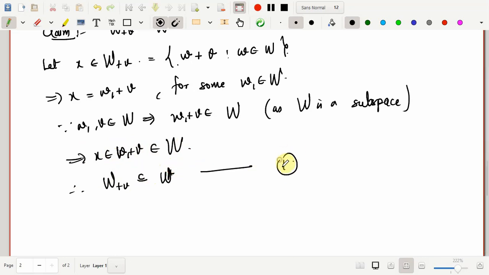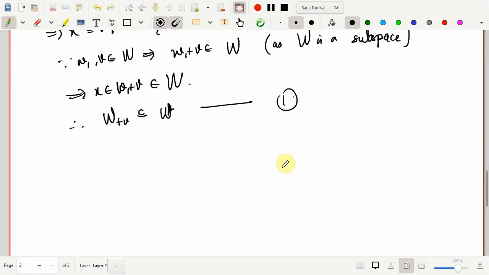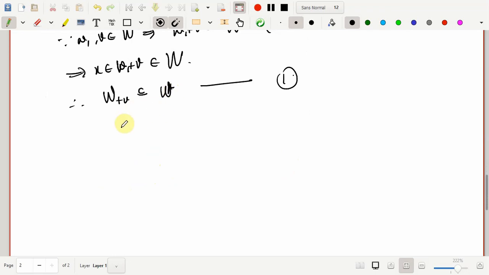Okay, that is the first. Secondly, what you have to show is that now W is contained in W plus v. So I'll begin by saying that, let y be an element in W. What I need to show is that this y is of the form w plus v for some w in capital W, or y can be expressed as some element of W plus v.